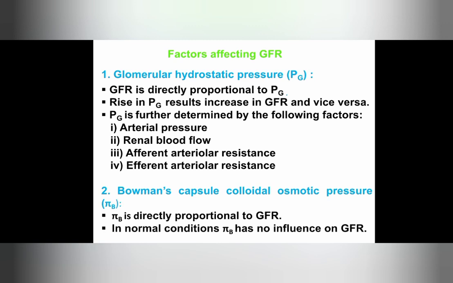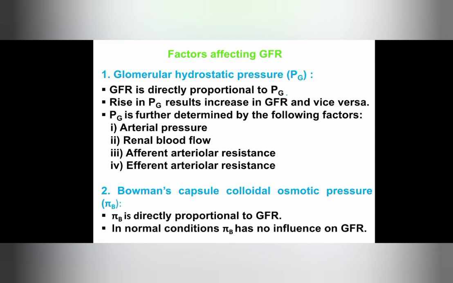Afferent arteriolar resistance is inversely proportional to the glomerular hydrostatic pressure, and thereby also inversely proportional to the GFR. With efferent arteriolar resistance, mild to moderate efferent constriction increases the glomerular hydrostatic pressure and the GFR, whereas severe efferent constriction raises the pi G and thereby decreases the GFR.